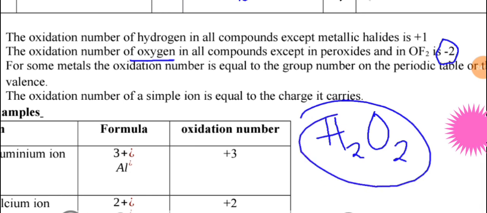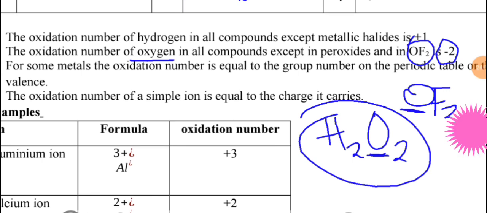In hydrogen peroxide and difluorooxide, the oxidation number of oxygen in these compounds is not going to be negative 2. No. Mainly it will be negative 1.